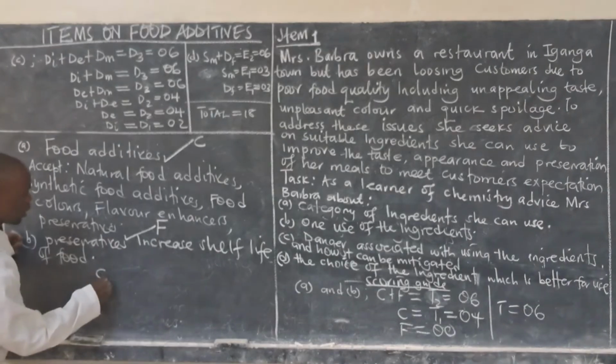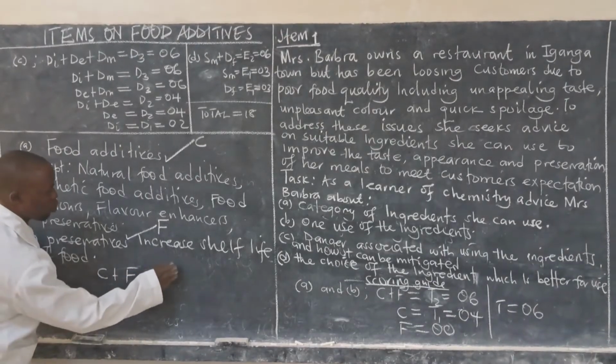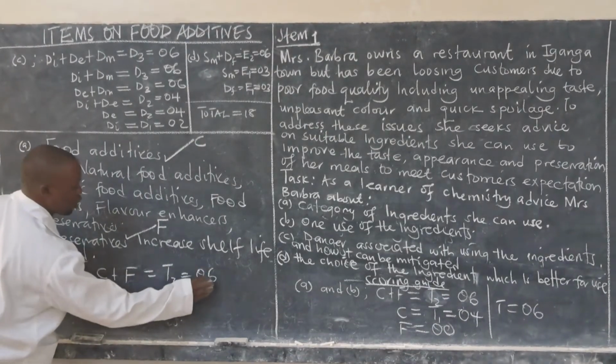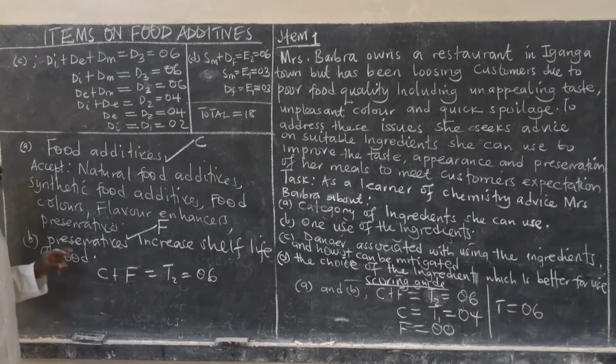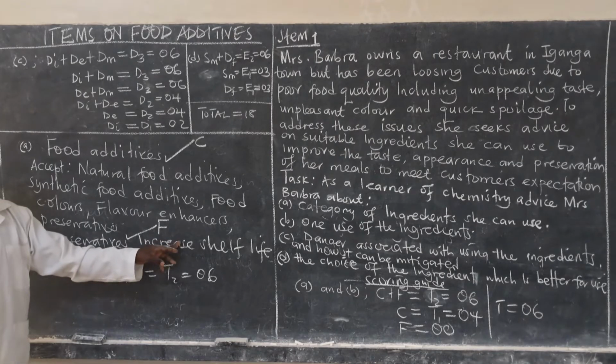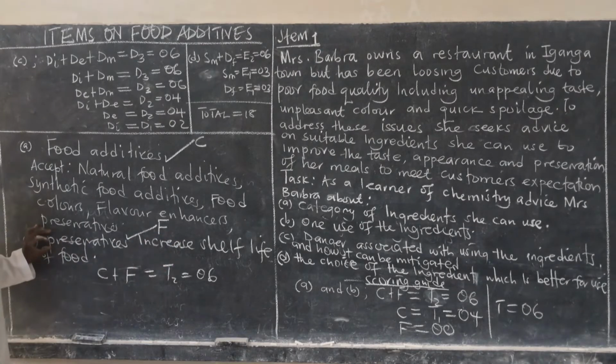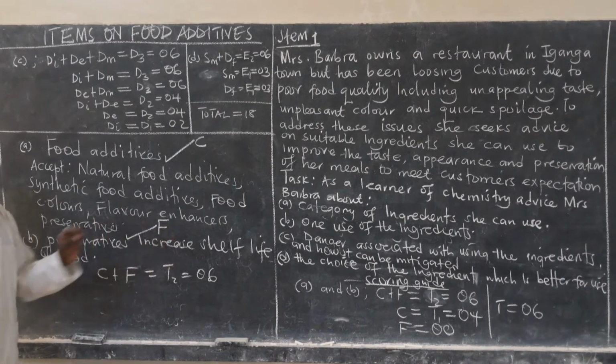Then below here, C plus F equals T2 equals 06 for a learner who has attempted them correctly. But if the learner is not aware that a preservative is the one increasing the shelf life, they can just be general and say food additives increase shelf life.